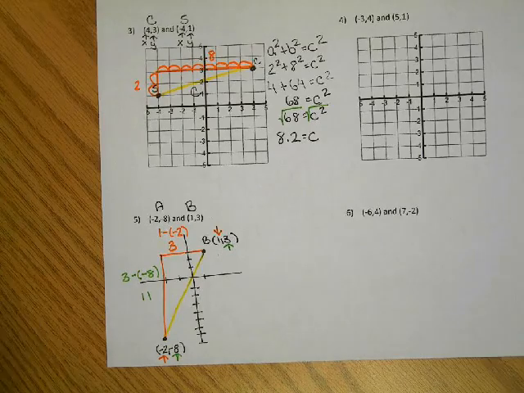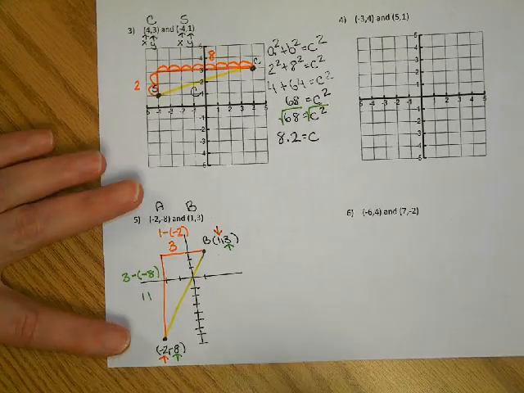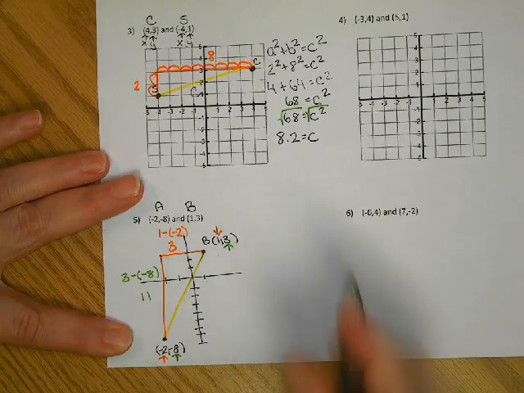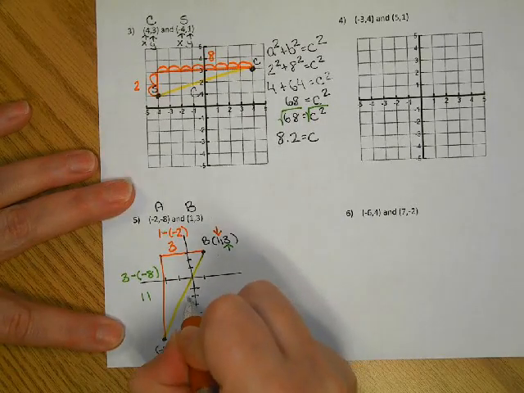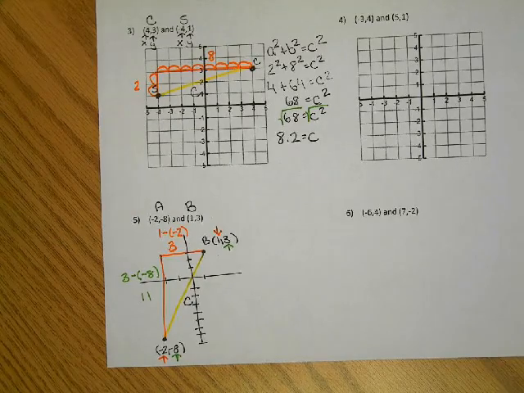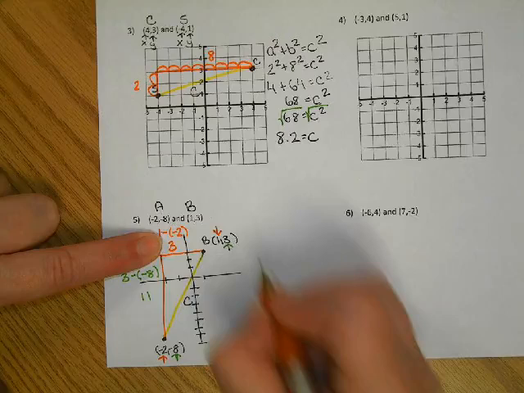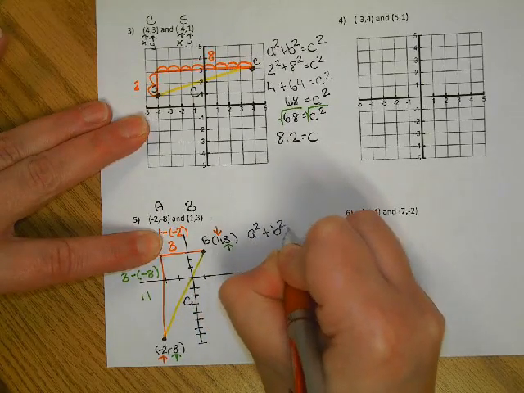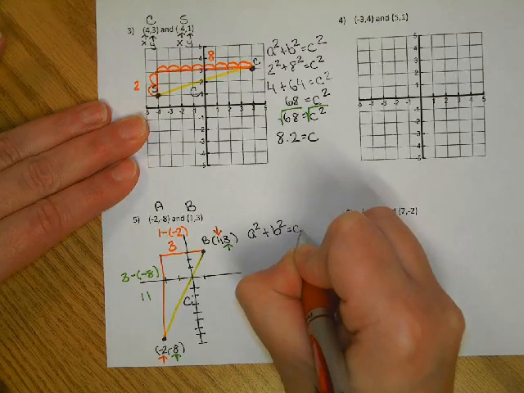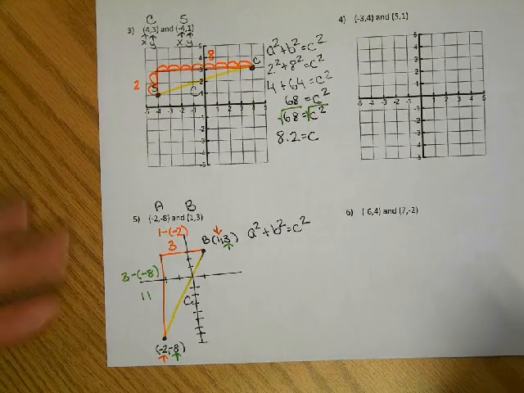And we're still looking for C. So do we do it any differently? It's going to be the same thing. So we're going to say A squared plus B squared equals C squared. So what is A? Does it matter?